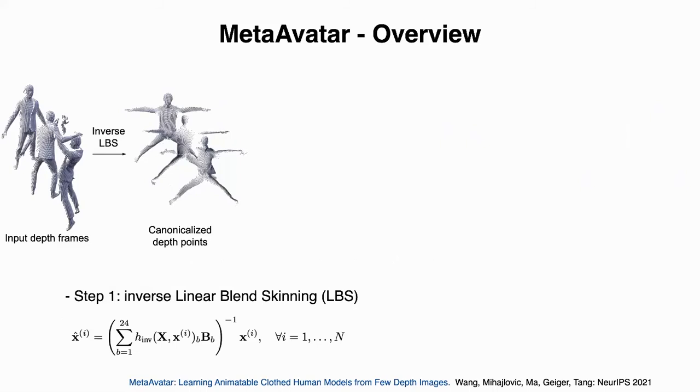We start by describing the overall pipeline of MetaAvatar. Given depth frames of a subject and their corresponding underlying pose and shape estimation, we first canonicalize the input points using learned inverse LBS functions. LBS is a standard graphics technique, and the difference here is that the skinning weights are learned.